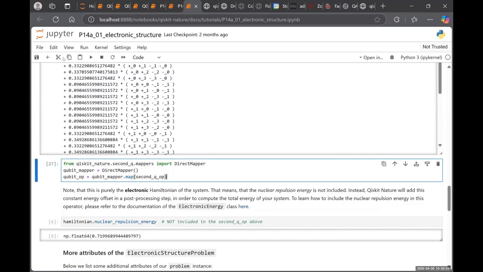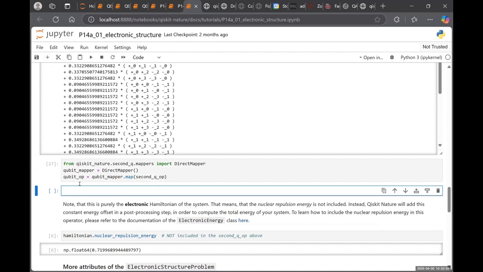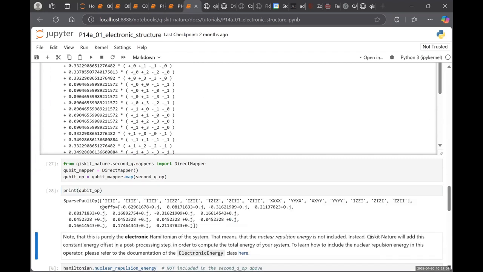Right. So this one is also a qubit problem, right? This is Z operator, X operator, YY.